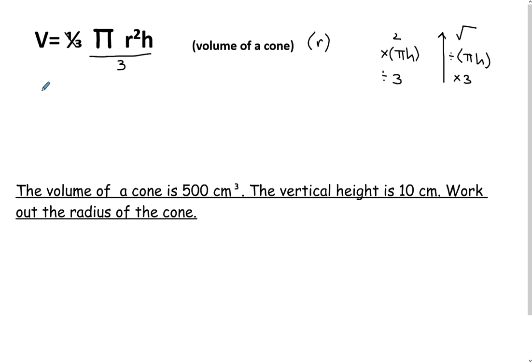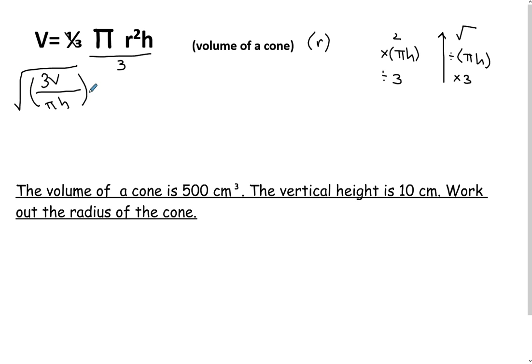And here at the higher GCSE level, once we've got that, let me just show you, you can do the thing all together. So you're multiplying the v by 3, you're dividing it by pi h, and then you're square rooting the whole thing.